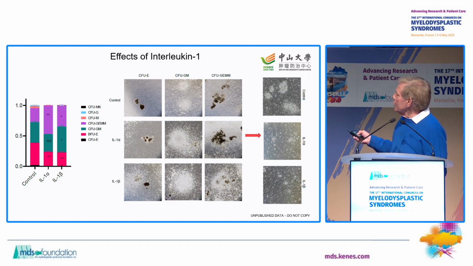This is the control. And now you see IL-1 alpha, for example, and this tremendous increase in the number of CFU-GMs. But if you wash the cells and then replate them, you can see that you lose these effects. So it's driven by the presence of IL-1 alpha and beta.